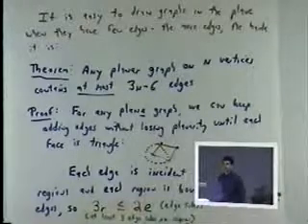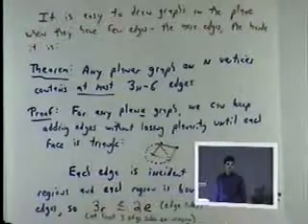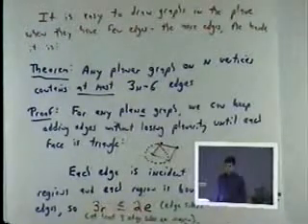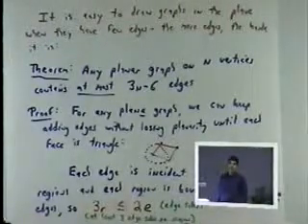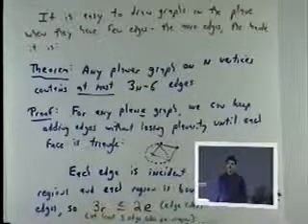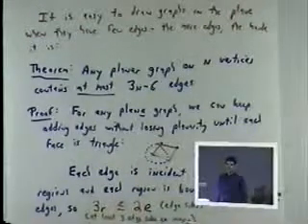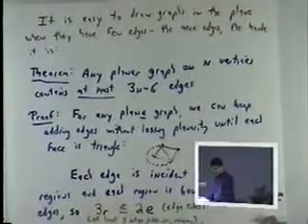In particular, the number of edges in a planar graph is linear in the number of vertices. And of course, this isn't usually the case with graphs, because usually the number of edges could potentially be quadratic in the number of vertices. Let's see if we can prove this.